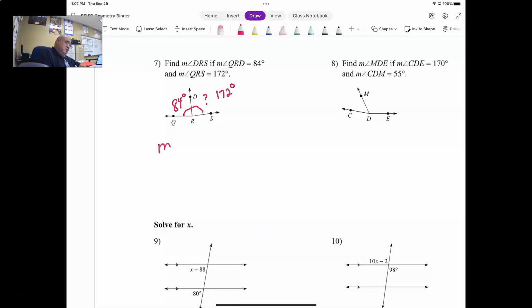So to find the measurement of angle DRS, you're going to subtract the larger angle, which is 172 degrees, minus 84 degrees. So the difference between 172 degrees and 84 degrees is going to be 88. So the measurement of angle DRS is equal to 88 degrees.